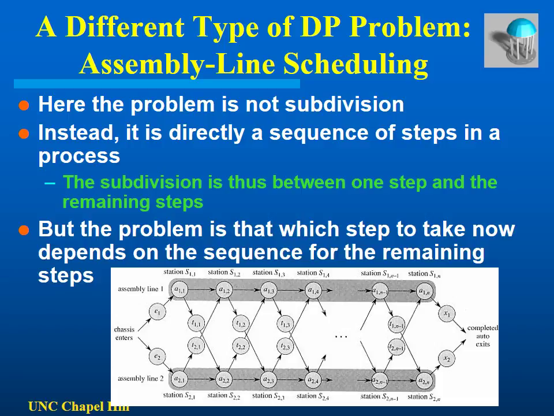So whether we want to exit, for example, from station S sub 1n or exit from S sub 2n doesn't just depend on what x sub 1 and x sub 2 are, or on what the times a sub 1n and a sub 2n are, but also on the times that it took to get to those respective choices.